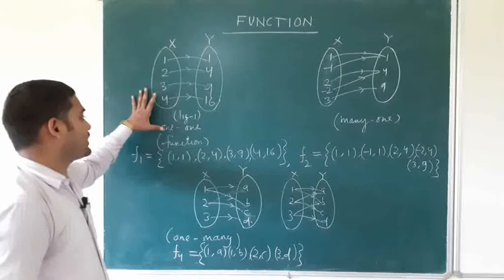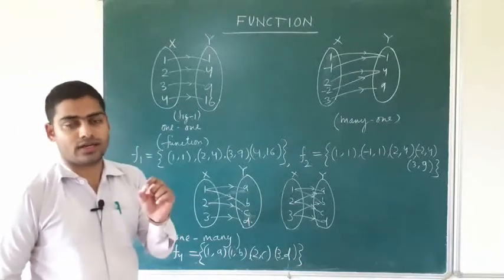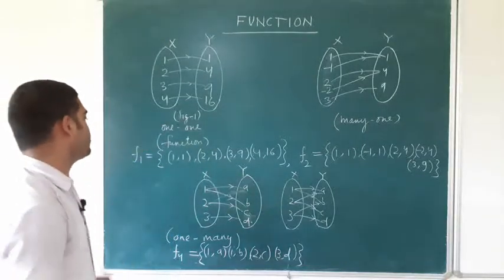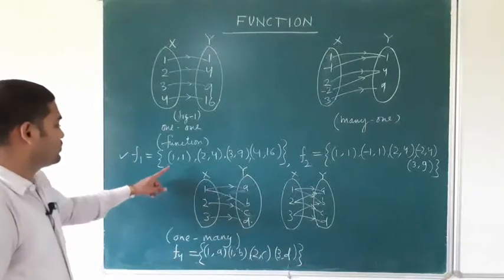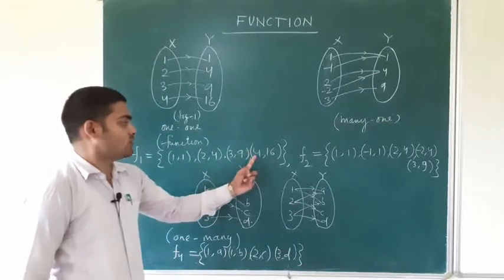So, this kind of function is called one-one function. So, example is here you see F1: (1, 1), (2, 4), (3, 9), (4, 16).